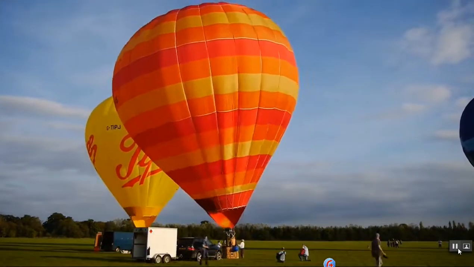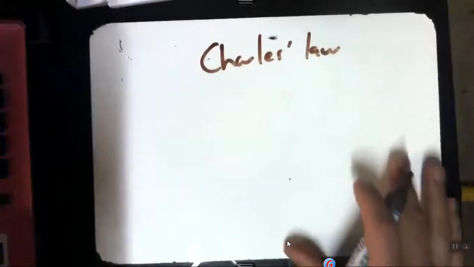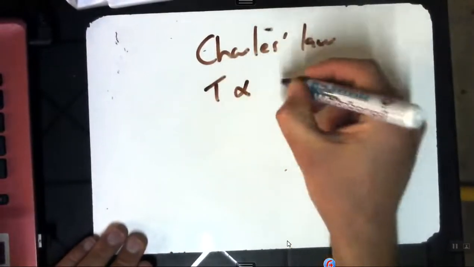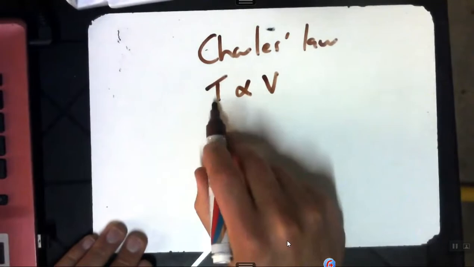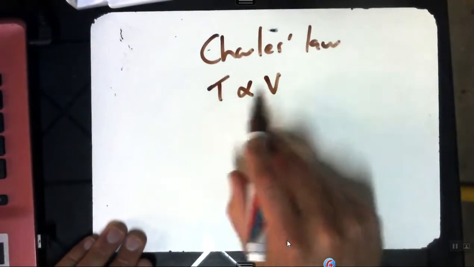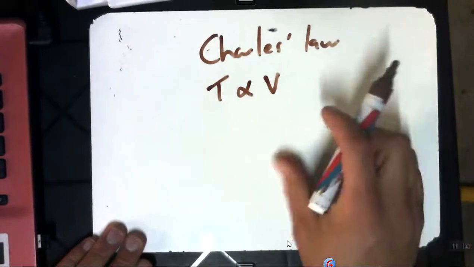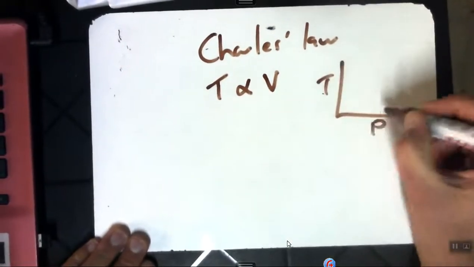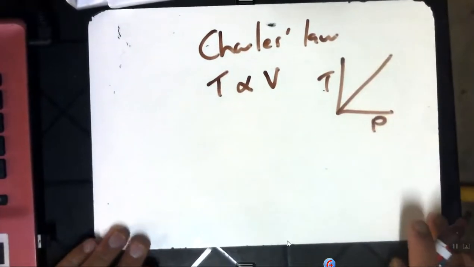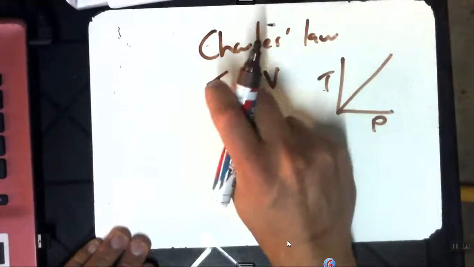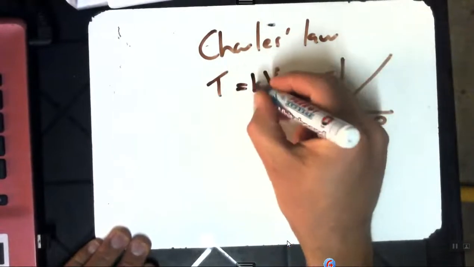That is Charles's law. With Charles's law, we saw that the temperature is directly proportional to the volume. So if there's a high temperature, there's a high volume. If there's a small temperature, there's a small volume, if we keep the pressure the same. So the relationship is directly proportional. And then if we want to make that an equal sign, we have to add a constant.